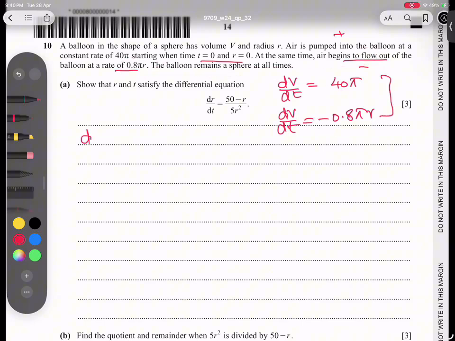I got dV over dt is 40 pi minus 0.8 pi r. And 0.8 is basically 8 divided by 10, which is 4 upon 5. So make it in fraction form because he wrote fraction form, that is why. So 4 over 5 pi r. Let me recheck. Yeah, I think this is all okay, clear.